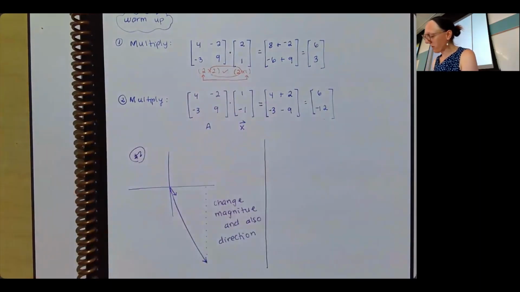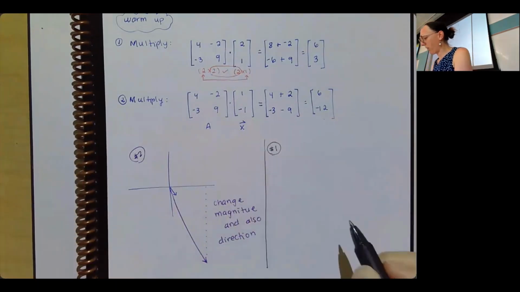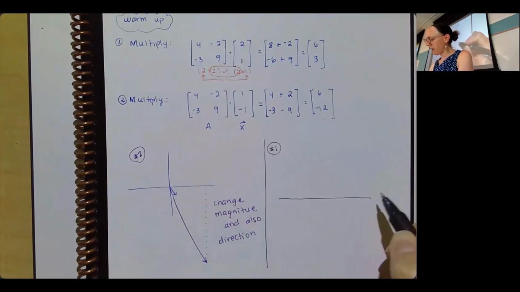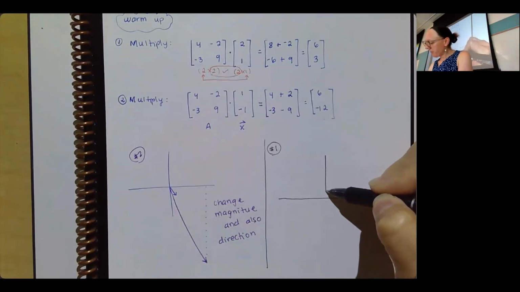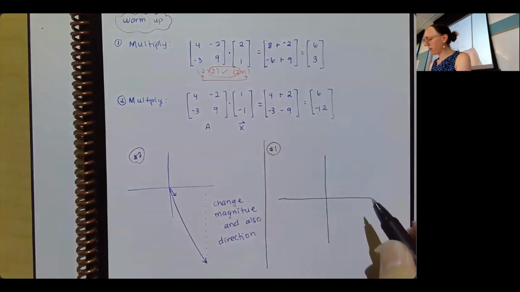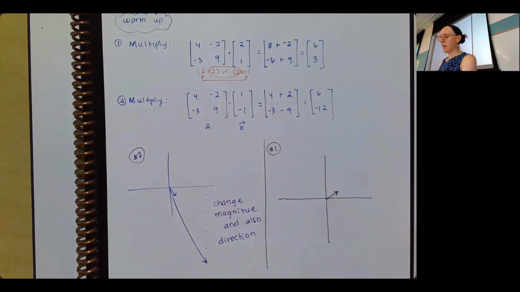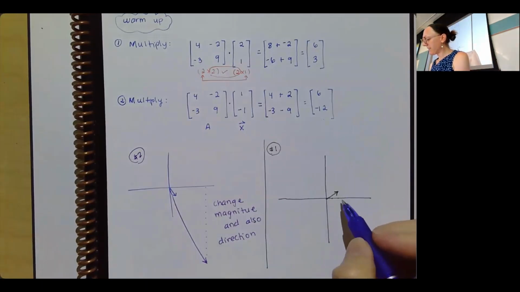Sometimes a special thing happens, and I want to take a look at what happened for number 1 over here. So we started off with the vector 2, 1, 2 to the right, up 1. And I ended up with the vector 6, 3. 6 to the right, up 3.